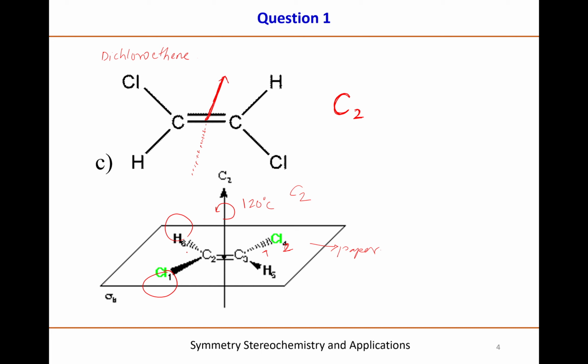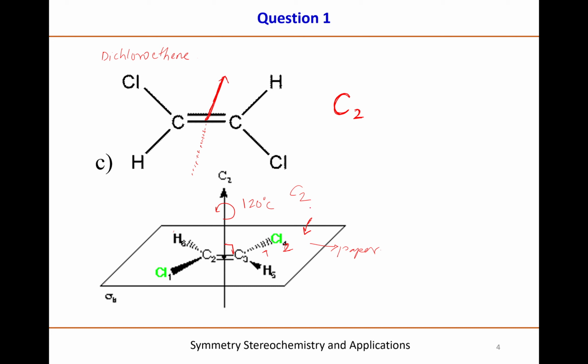The plane passes through all the atoms, so it cuts them into half. So that's why there is a plane present, but the plane is perpendicular to the axis of symmetry, right? This is the plane only. The plane is present here.